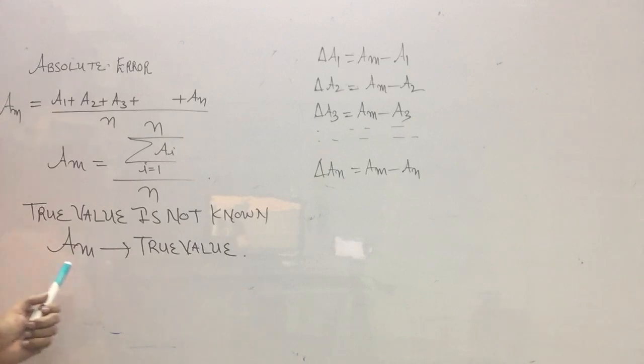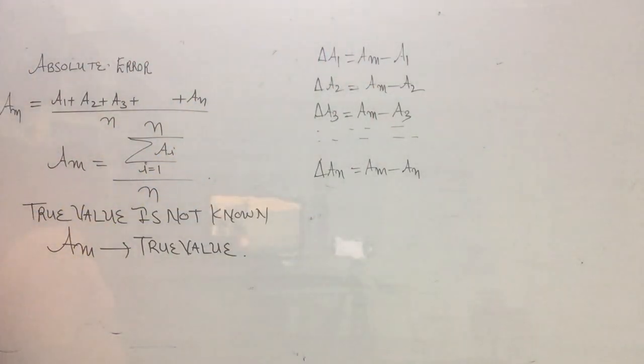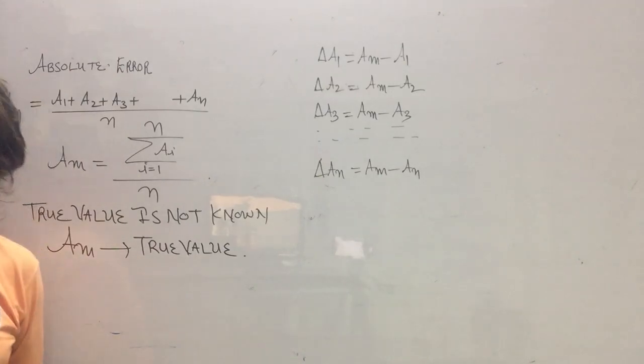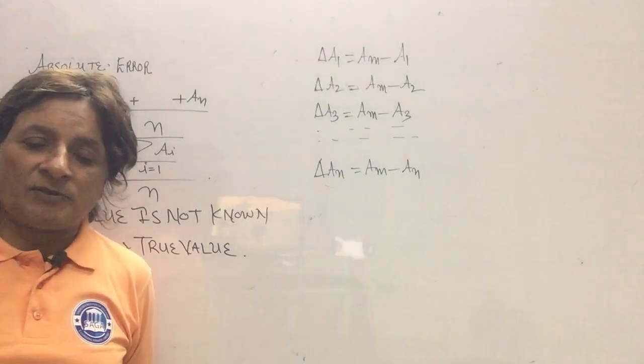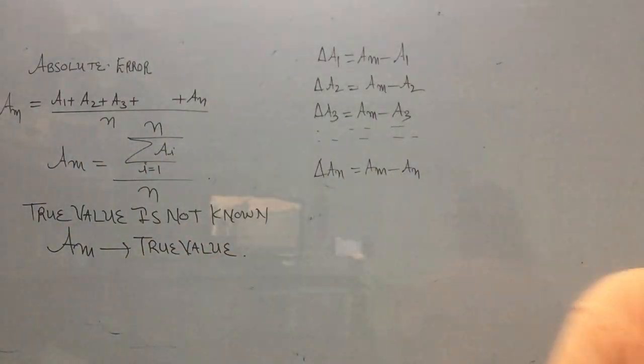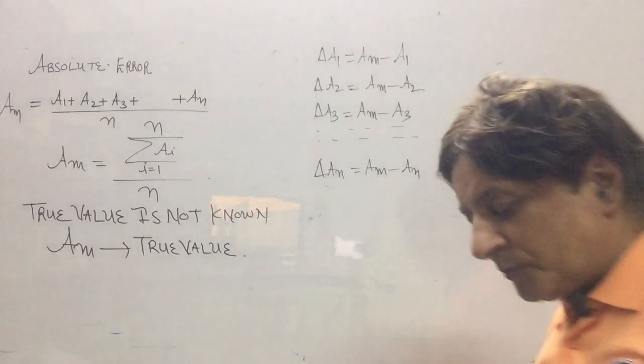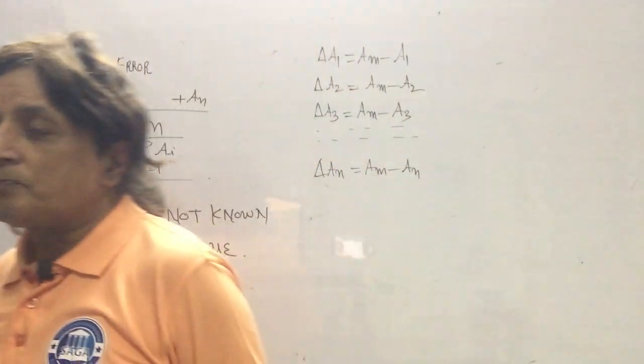AM. And what is the first absolute error? Delta A1 is AM minus A1. And second, delta A2 is AM minus A2. Yes. And students, this is how you can calculate the absolute errors.